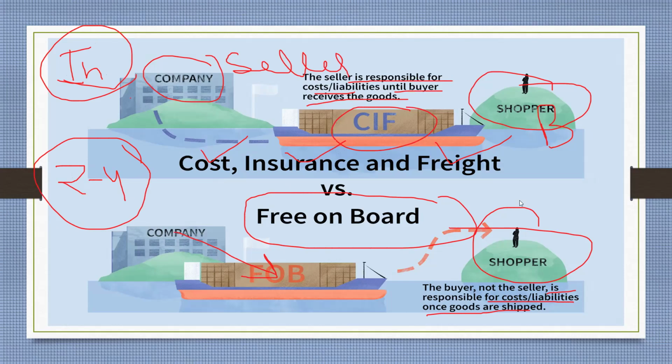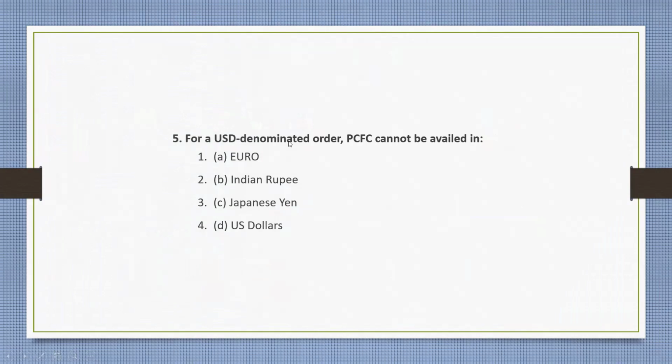Let's see the next question. For a US denominated order, PCFC cannot be availed in Euro, Indian rupee, Japanese yen, or US dollar. Let's see what is the correct answer. Correct answer is Indian rupees. PCFC is packing credit in foreign currency. Already it is written it should be in foreign currency, and we are in India where our home currency is INR.